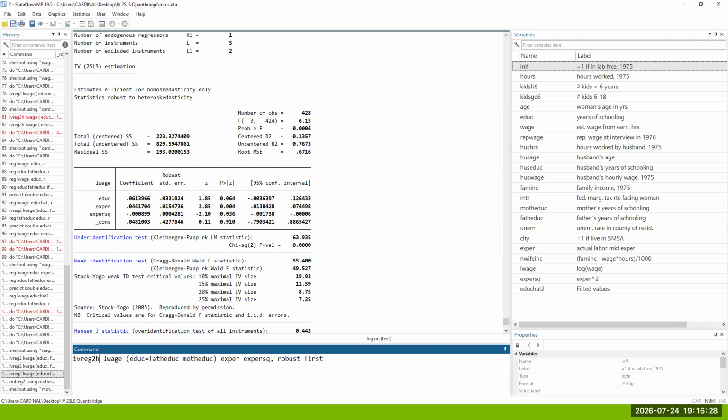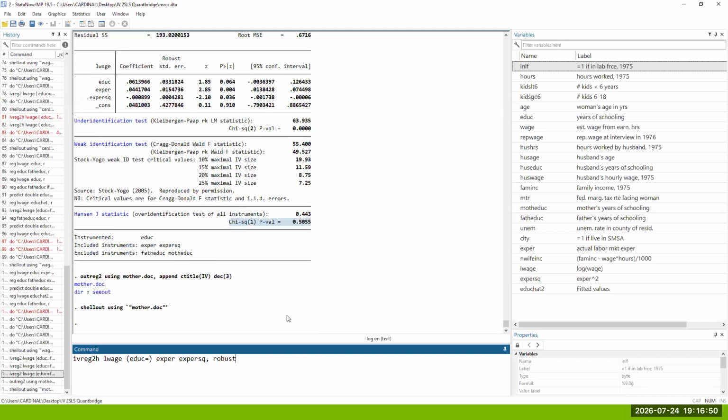There is a part where you can use internally generated instruments with no external instruments. The father's education, the mother's education, these are external instruments. So if you don't want to use any external instruments, just strip this part off, take off the tests, which we don't need for now. So this is how to go about the Lewbel two-stage least squares when you don't have an external instrument.